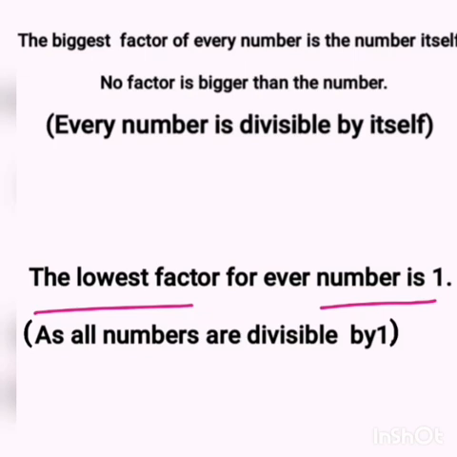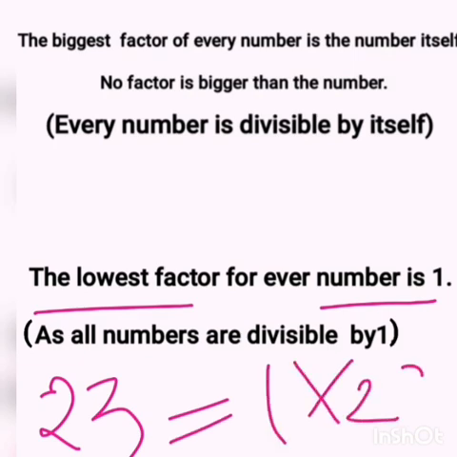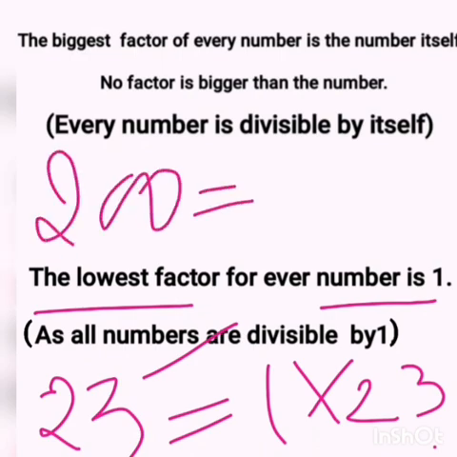What does it mean? Suppose 23 can be written as 1 into 23. So 1 into something is 23. So if I divide 23 by 1, I get the remainder 0. So 23 or any other number is always divisible by 1, right? Take any other number, suppose 200. So 200 is 1 into 200.